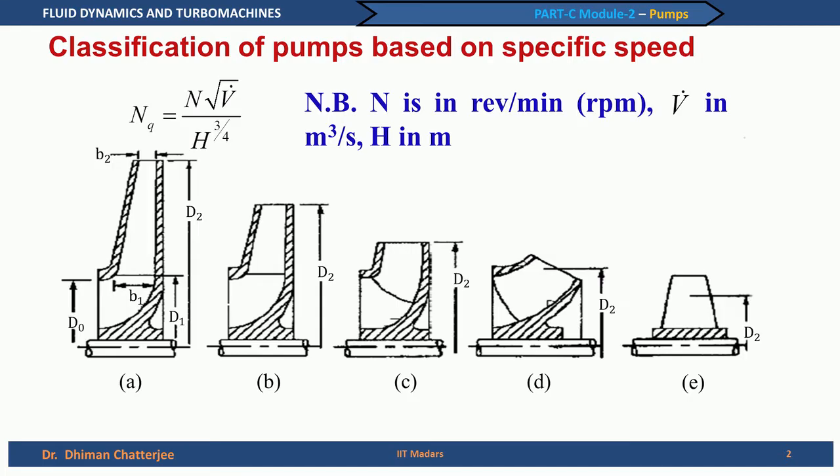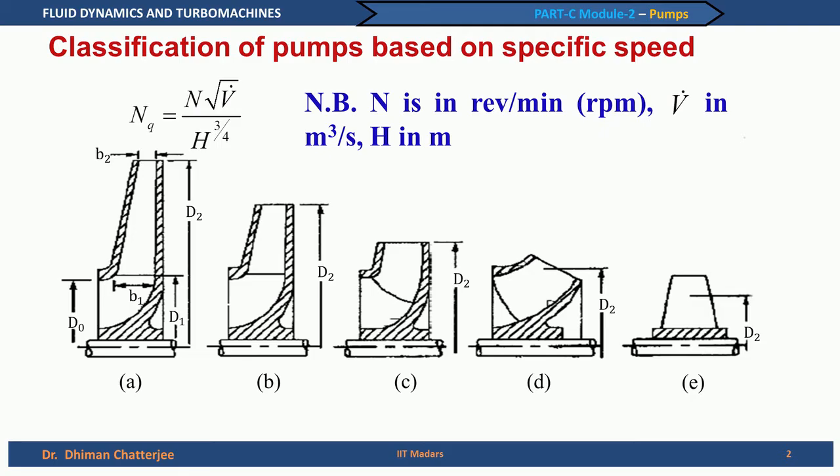At very low specific speed, in case of A, we see that d2 by d1, that is the outlet diameter to the inlet diameter, is large.